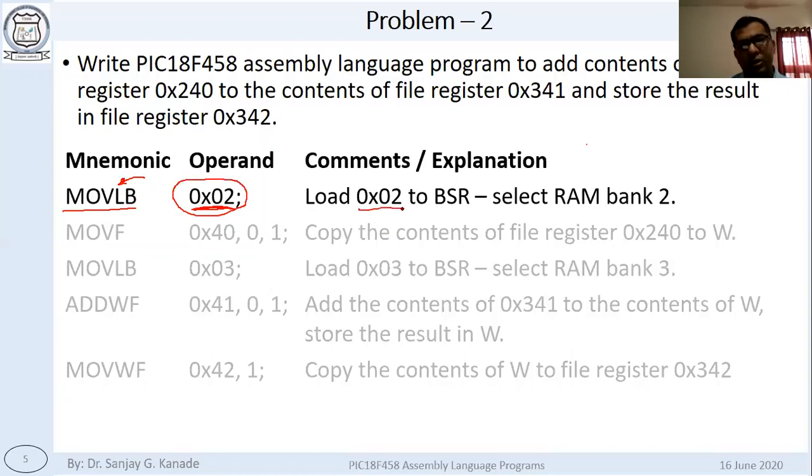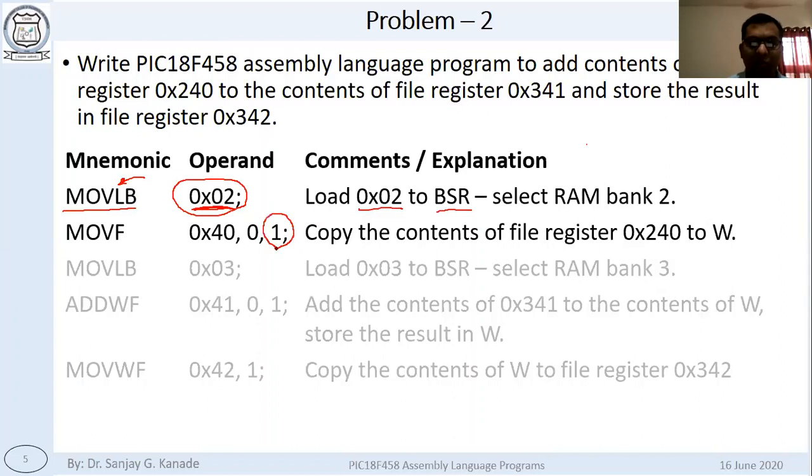So value 02 goes to BSR, and that indicates that we have selected RAM bank 2. And in order to use this RAM bank, we will have to use A equal to 1, meaning the access bit is 1 in the instruction.